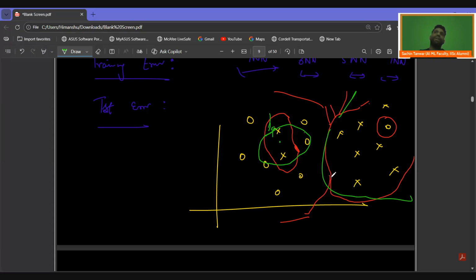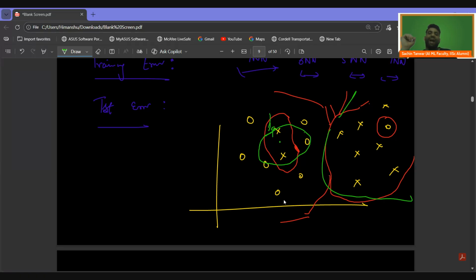For example, if I had only 10 data points, and out of that 7 were circles and 3 were crosses, and I am saying that I'm looking at 10 nearest neighbors only, in that case all the training data points would be the nearest neighbors, and whichever is the majority class, 7 circles, circle would be called the majority class, and the new query data point would be called as belonging to the circle class.